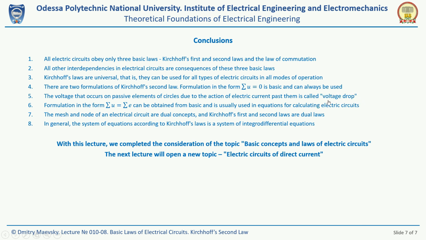Remember, please, this name, voltage drop. This is a voltage on a passive element. So we can formulate the second Kirchhoff's law in a second form. The algebraic sum of voltage drops on elements of a mesh is equal to the algebraic sum of electromotive forces in this mesh.